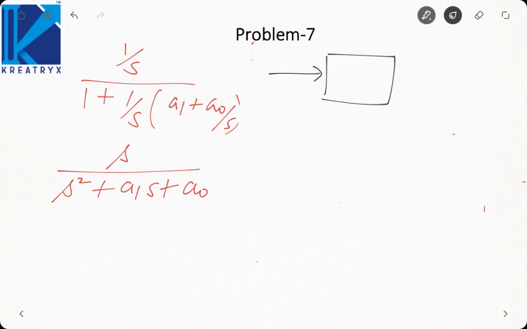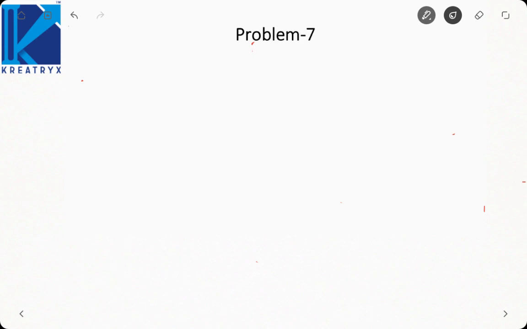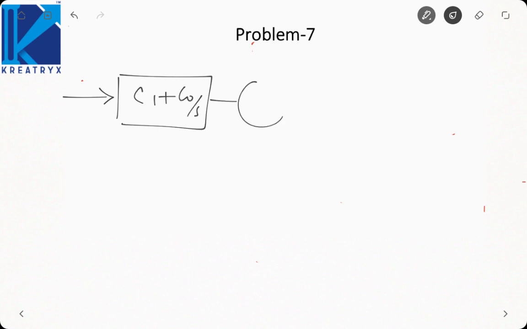It is going through two paths, C1 plus C naught by S. Then it goes into a summer.